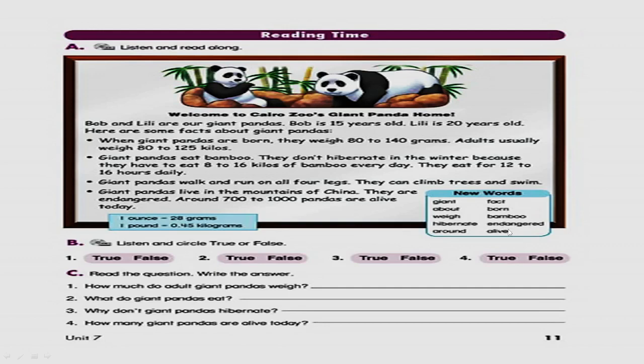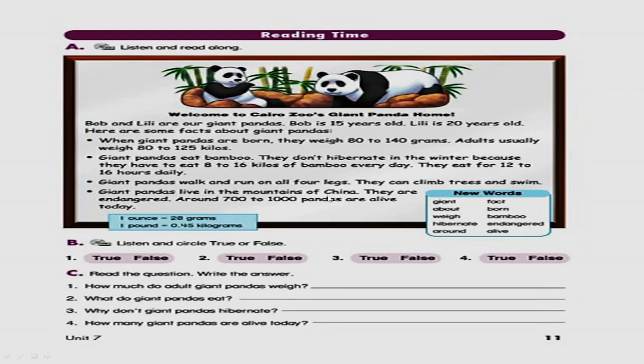Endangered, when a specific species of animals is endangered, that means they may disappear forever, like dinosaurs. Dinosaurs were endangered, and then they became extinct. Alive means not dead.